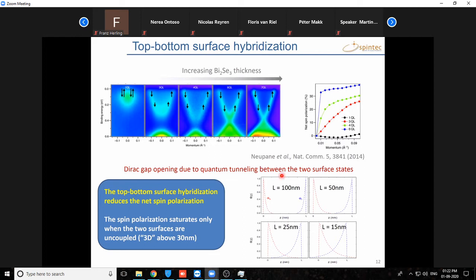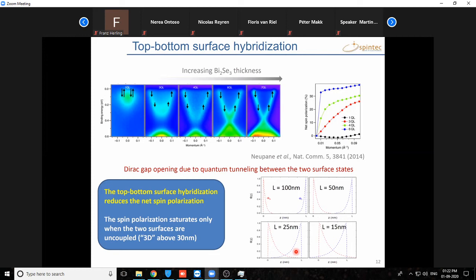So this is the case in mercury telluride, and in mercury telluride, band structure calculations show that you need to reach something like 25 nanometers to avoid the overlapping of the two wave functions from the top and the bottom surface.